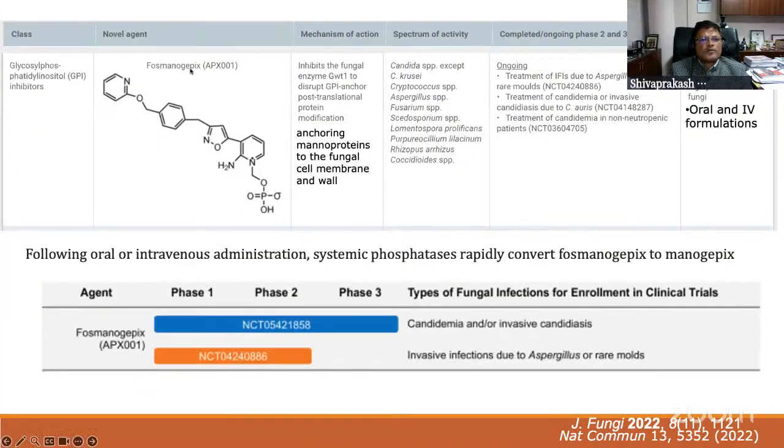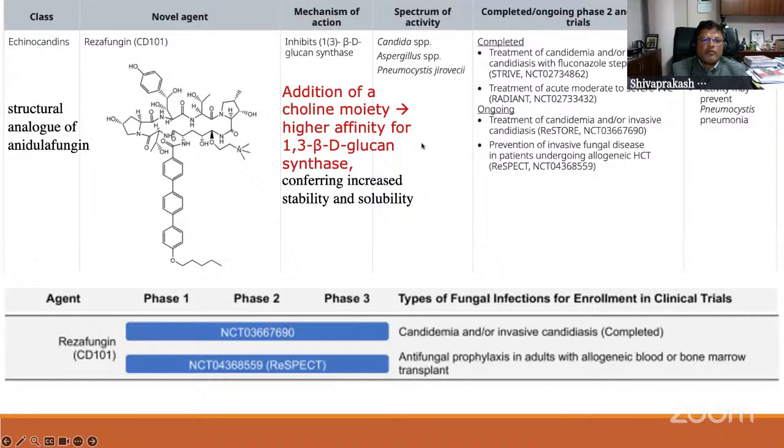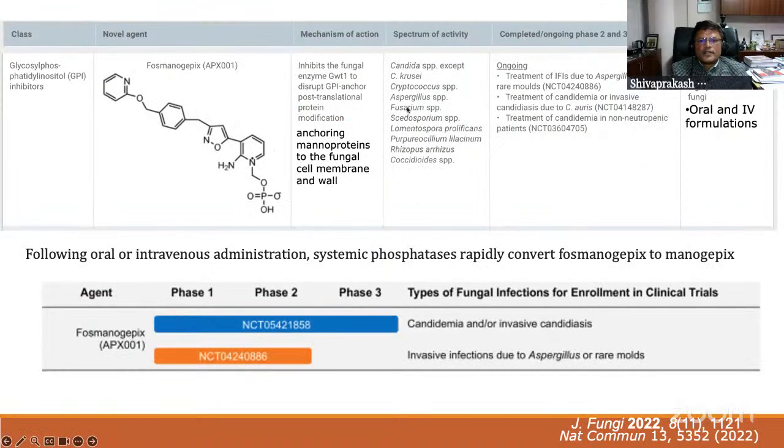Next is fosmanogepix. This is another antifungal, and you have both oral as well as IV formulations. The interesting thing about this drug is that it acts on most fungi, for example, Rhizopus, Aspergillus, Candida. So it is better than amphotericin B. It can act on the majority of Lomentospora, which is also resistant to amphotericin.